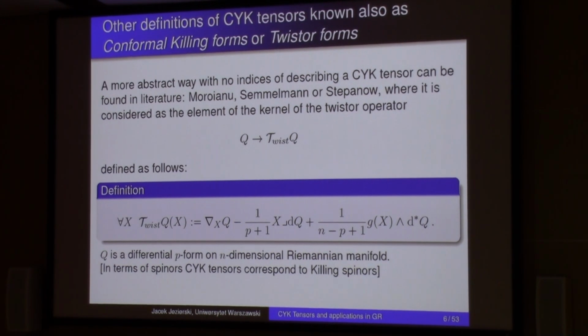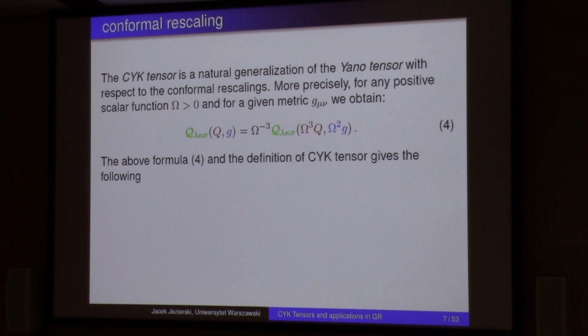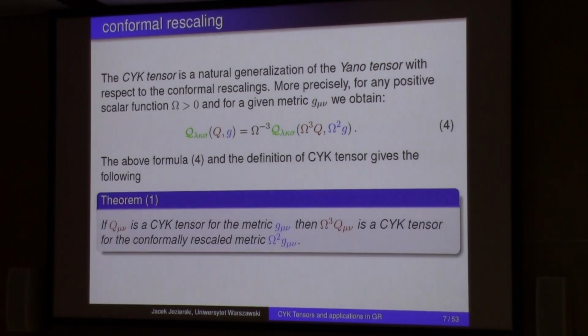There is one more abstract way to write this equation, which is general for any p-form, not only for a two-form. For those of you on the more mathematical side, it is the kernel of the twistor operator. This is the law which says that this object has some properties with respect to conformal rescaling, and once you prove this you have the theorem.